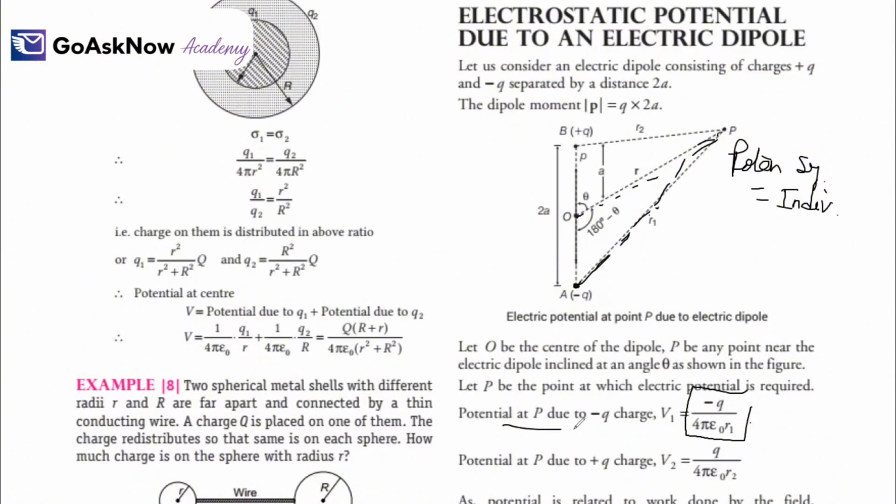So for the minus q charge, V1 is minus q upon 4 pi epsilon naught r1. And for the potential at the point due to the positive q charge, you have V2, equal to q upon 4 pi epsilon naught r2, because the r2 distance is from this charge to the point P.